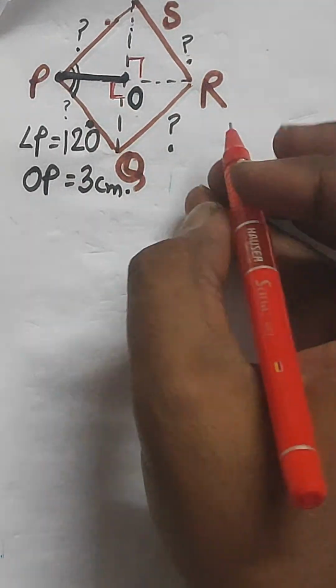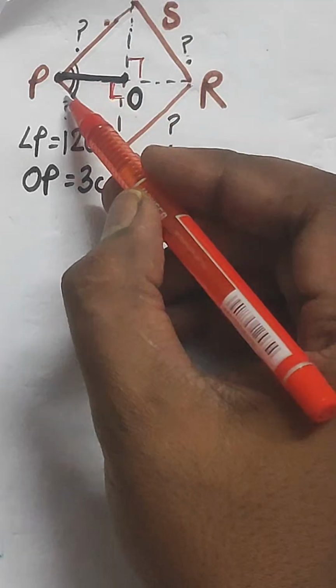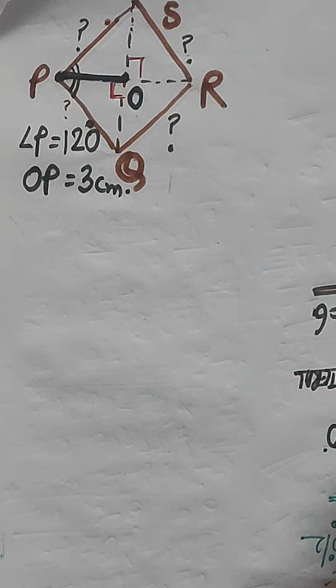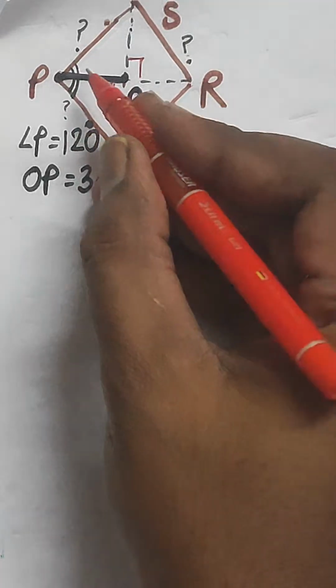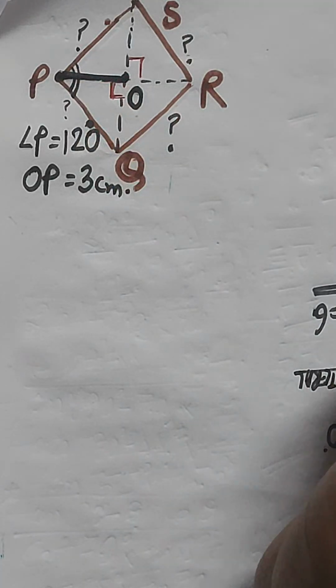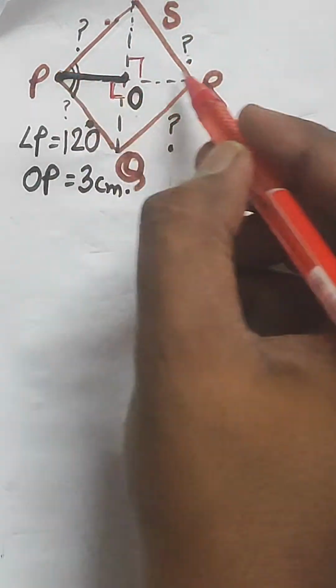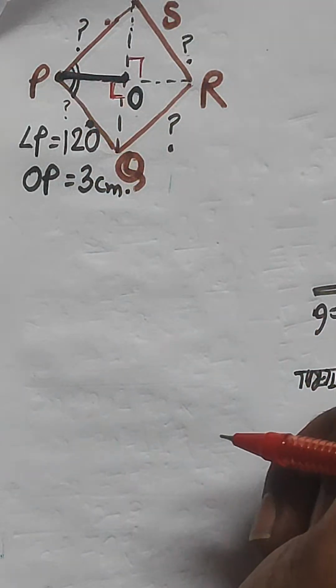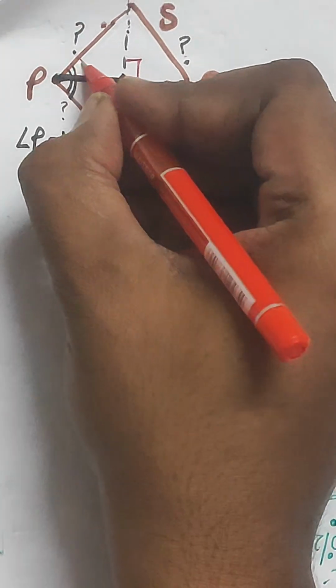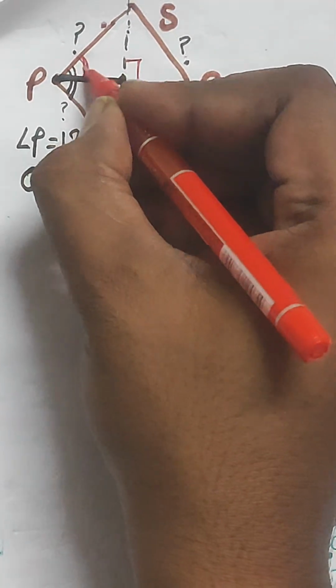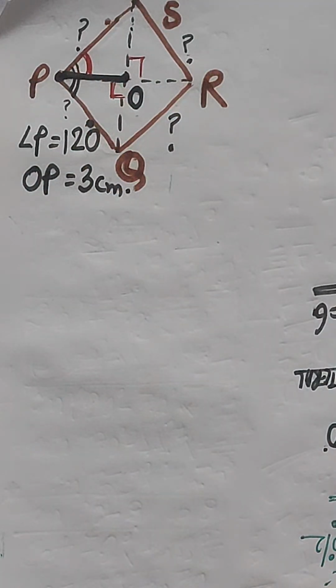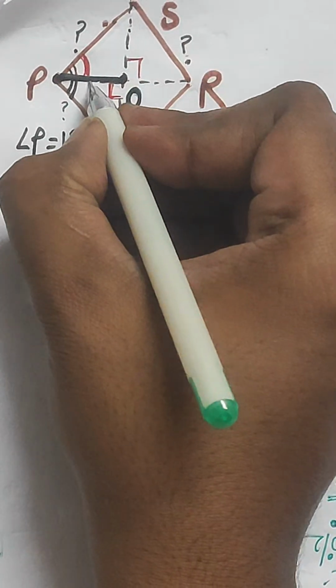Students, it's a very beautiful question. Here, angle P is given to you as 120 degrees. Since the diagonal is crossing through it, we can say this 120 degree angle is divided into two equal parts.